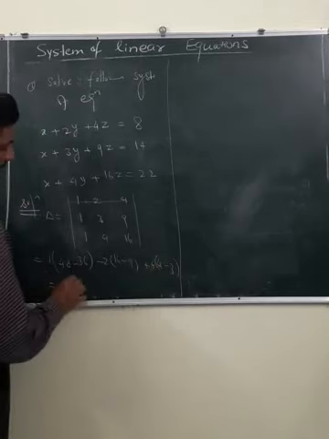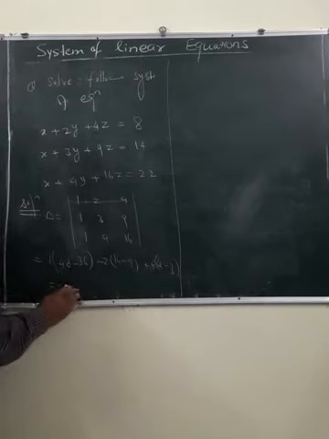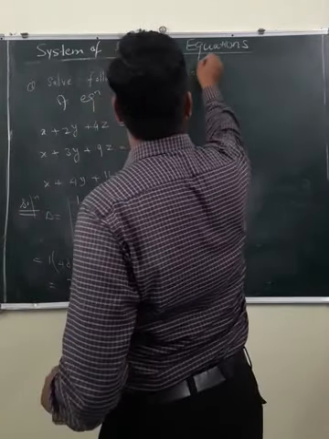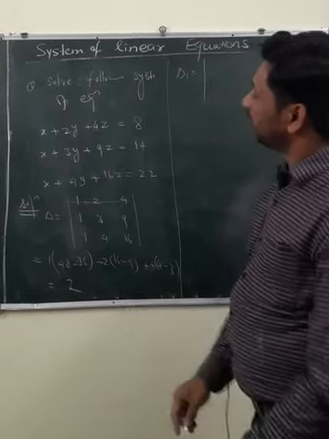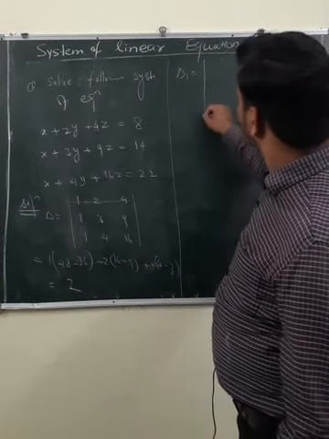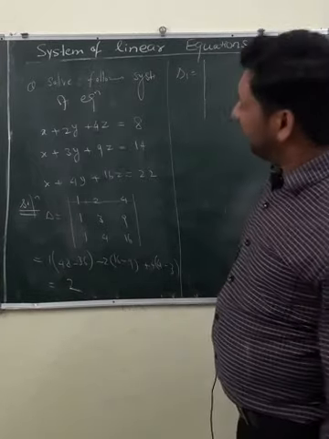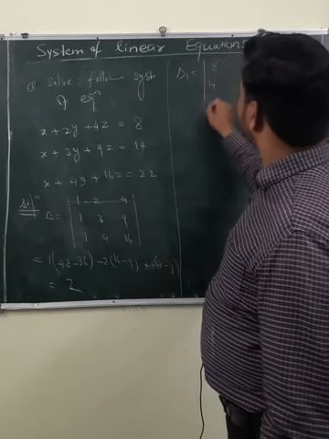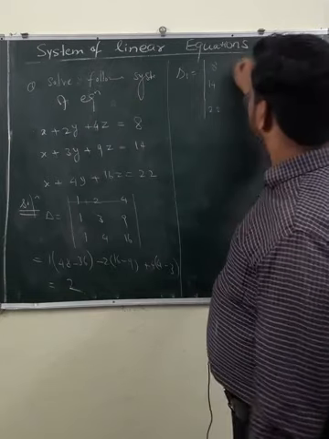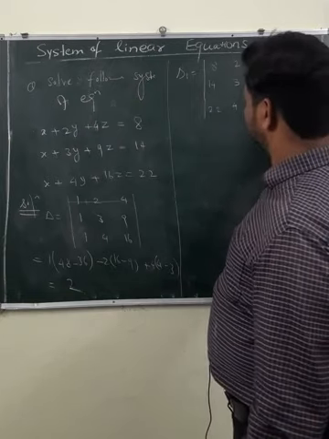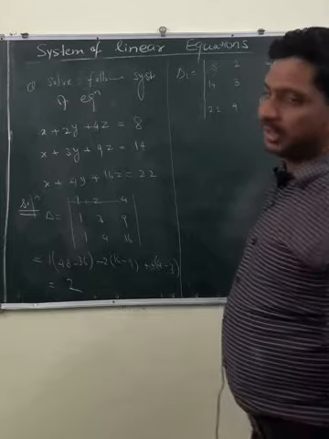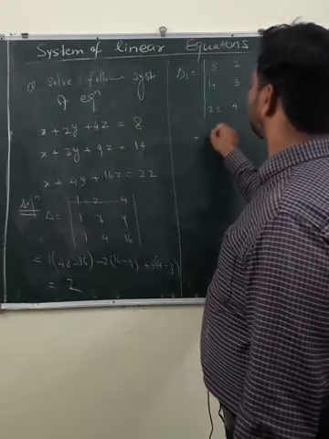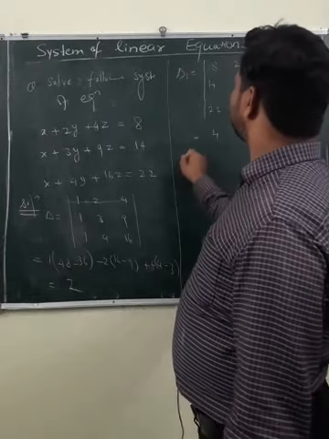You can calculate this, we will get 2 here. Now I am calculating delta 1. Okay. How I can write delta 1? I have to replace here 1, 1, 1 by 8, 14, 22, and other two columns remain same. Okay. Just expand and we will find this is equal to 4. You can expand it.